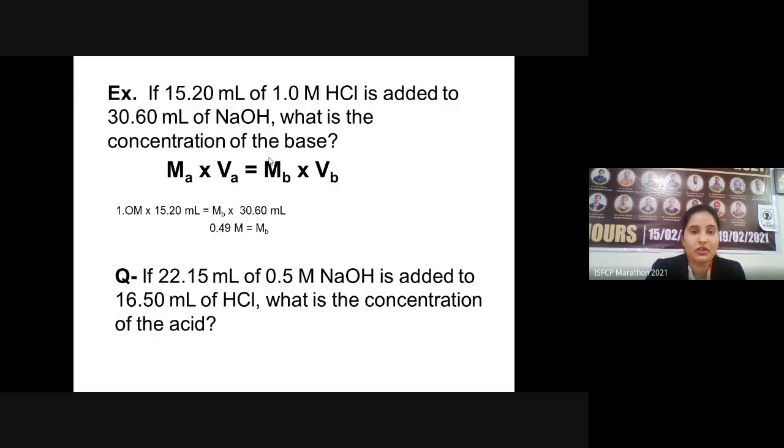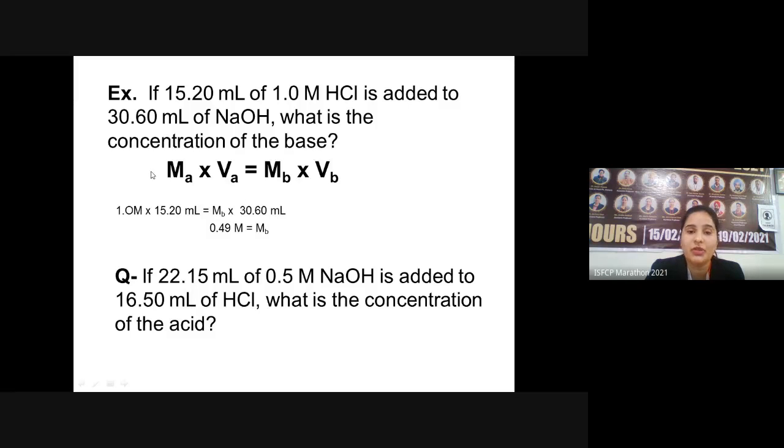One more numerical which we can solve by using this equation is, if we have 22.15 ml of 0.5 molar sodium hydroxide, and this solution is added to 16.50 ml of HCl, what will be the concentration of the acid? Again, we can apply the equation Ma into Va is equal to Mb into Vb.